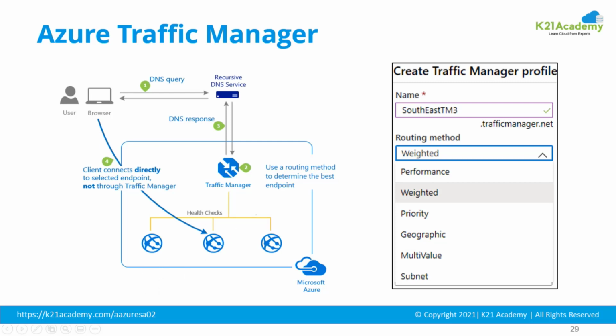One is in the US, another in Europe, another in Australia or Asia, and those load balancers will have their backend servers. Now, the traffic manager will determine, based on the rules you define, that this person is coming from the US, so route that traffic to the US servers. Or if the person is coming from Europe, then route traffic to Europe.